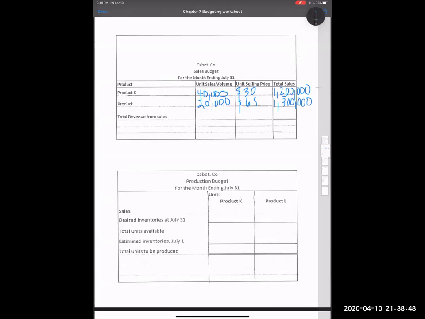So my total revenue from sales is the total sales for product K, which is 1.2 million, plus the total sales for product L, which is 1.3 million. And therefore my total sales will equal $2,500,000.